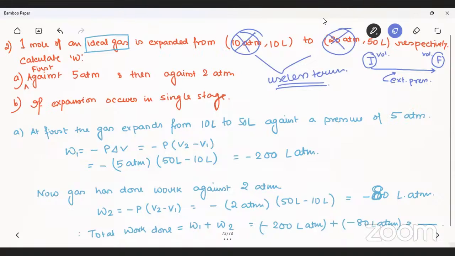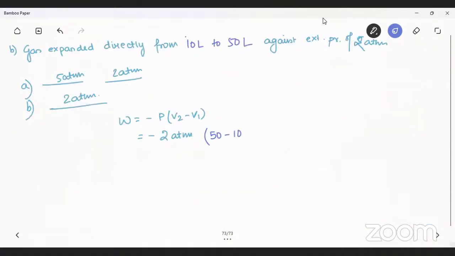Okay. So the boy who was asking me, is this part clear, or do you yet have a doubt? Okay. So now, in the second stage, they have asked you that the gas has expanded directly from 10 liters to 50 liters against a constant pressure.